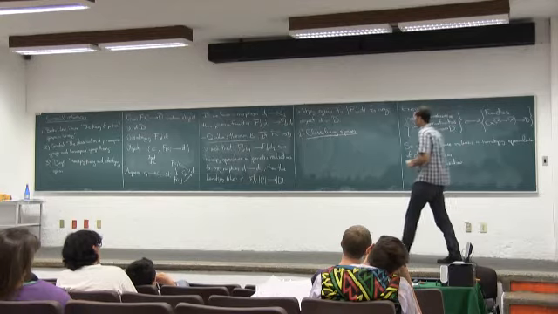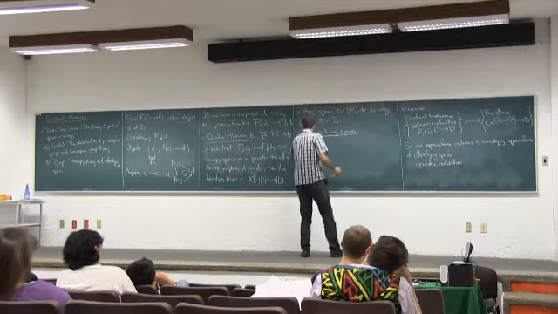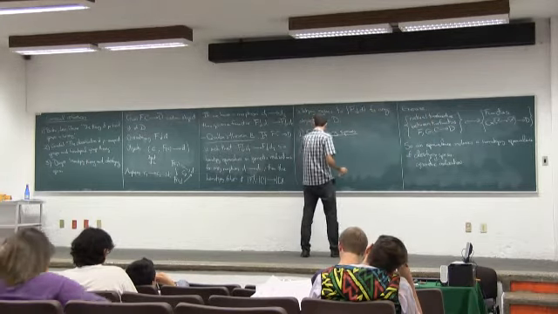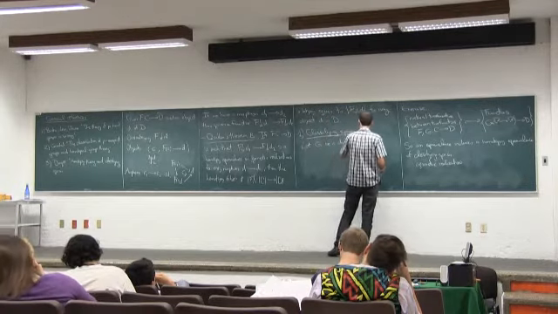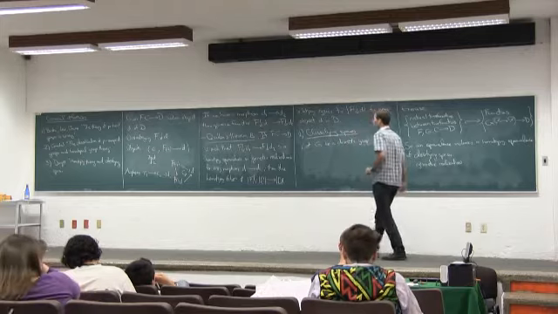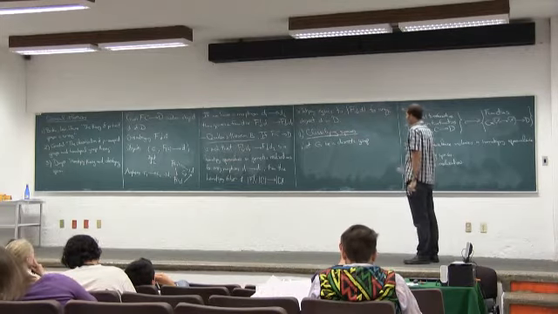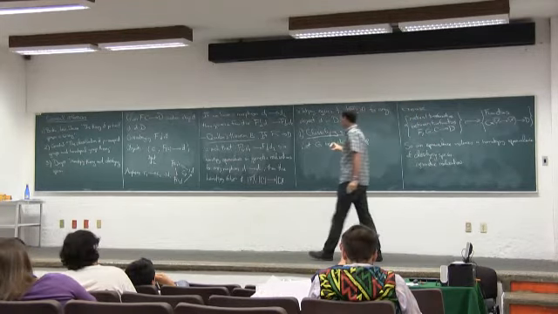Okay? But I want to give a specific model for this space. So let G be a discrete group, and I'm going to construct a category associated to this group.